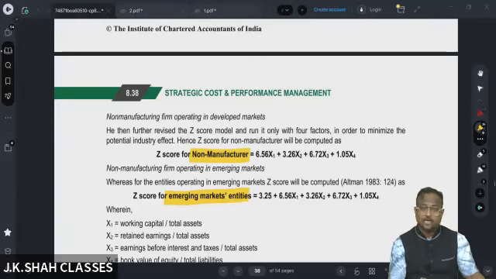Probably they must have used some actuarial science, some annuity value and all that.